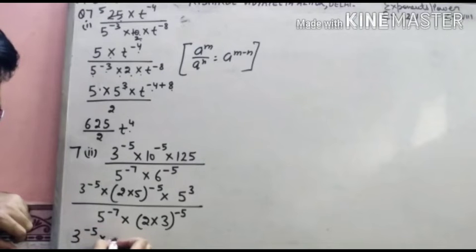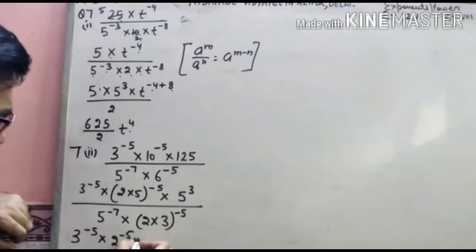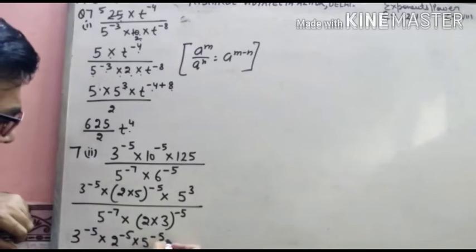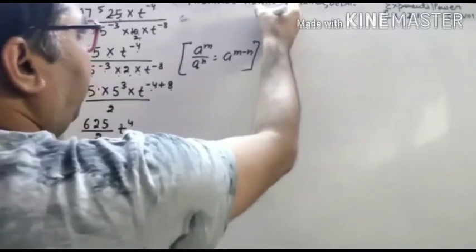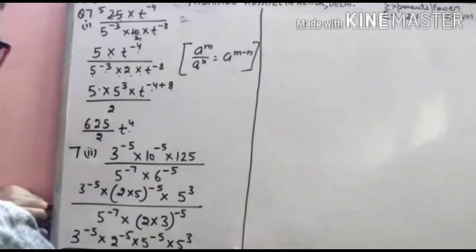How can we do it? 3 raised to power minus 5 into 2 raised to power minus 5 into 5 raised to power minus 5 into 5 raised to power 3, upon 5 raised to power minus 7 into 2 raised to power minus 5 into 3 raised to power minus 5.